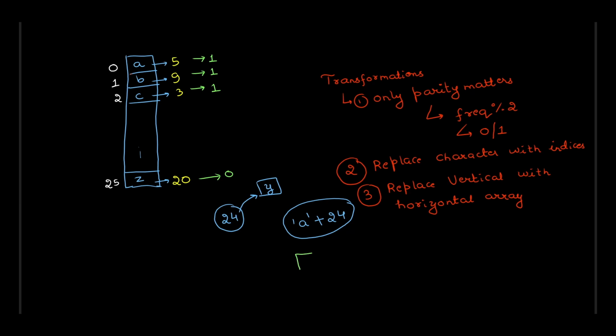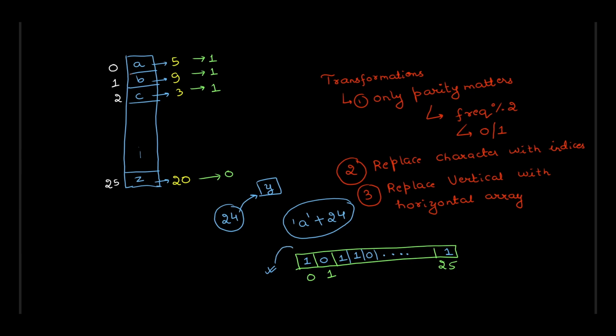So once you do the replacement, you will have an array of length 26, because there are 26 characters in the alphabet, and this is index 0, this is index 1, and this is index 25, and each entry of the array would either be 0 or 1. So let's say this is 1, let's say this is 0, let's say this is 1, 1, 0, so on, and finally this is 1. But now you can see that you have what is essentially a binary string.